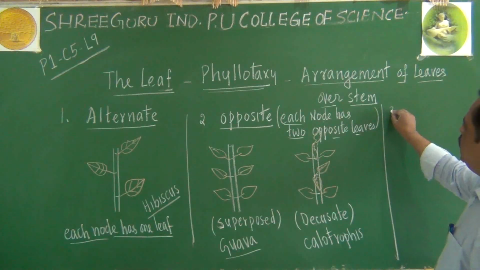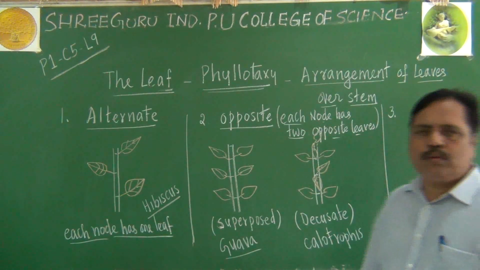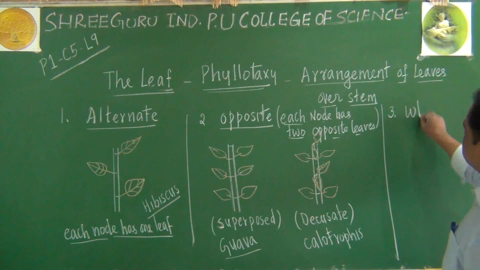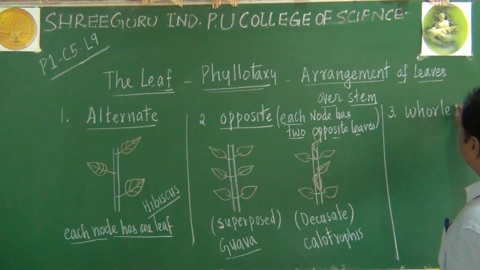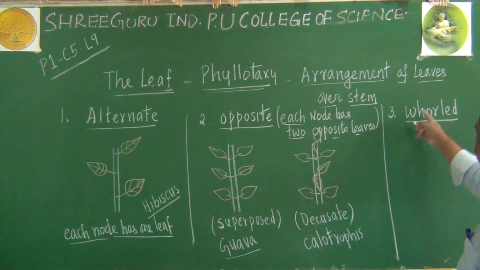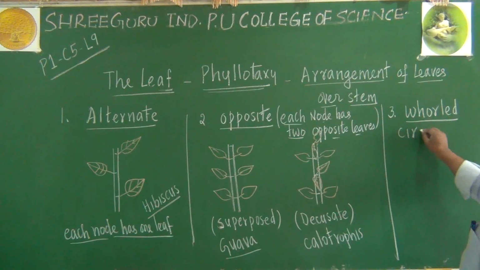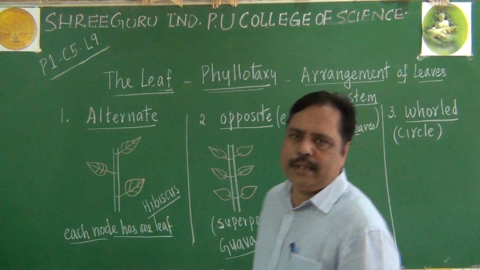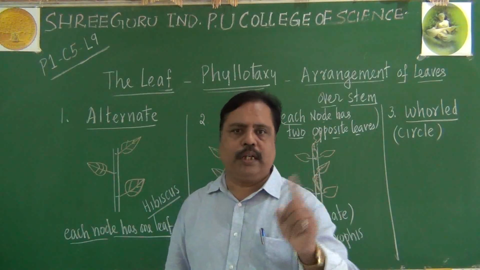There is a third type of phyllotaxy we have to remember, very simple. Whorled phyllotaxy, it can be called. What is meant by whorled? The word whorl refers to circle. Whorled, not world.